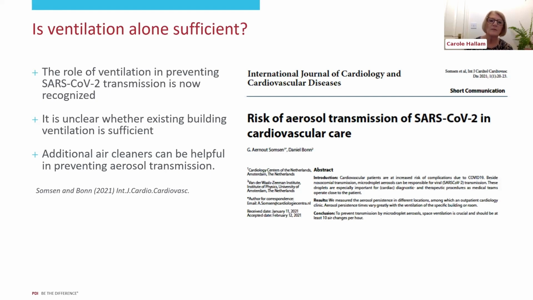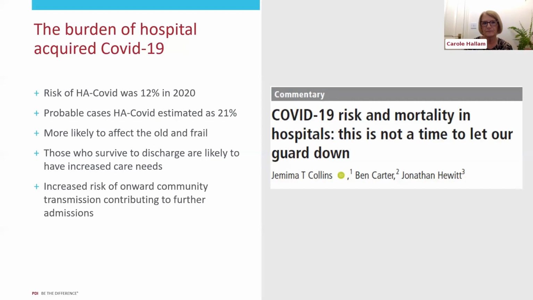That what they said was it was unclear whether existing building ventilation is sufficient, and maybe we need to be looking at additional air cleaners. And what they concluded was ventilation needs to be at least 10 air changes per hour. And actually we know we've got lots of old estate that actually doesn't achieve that level of air changes.